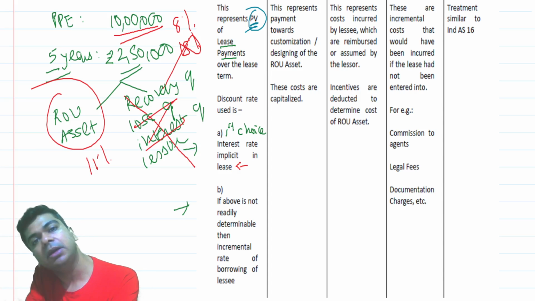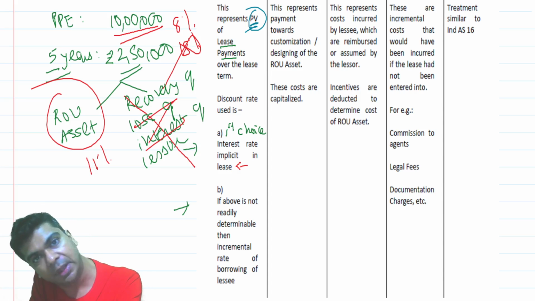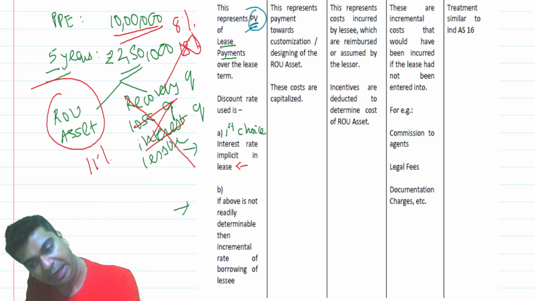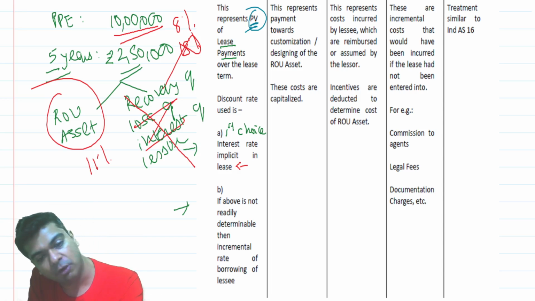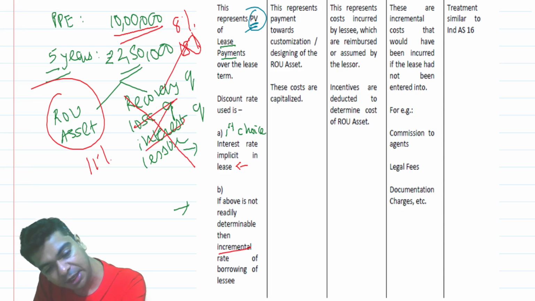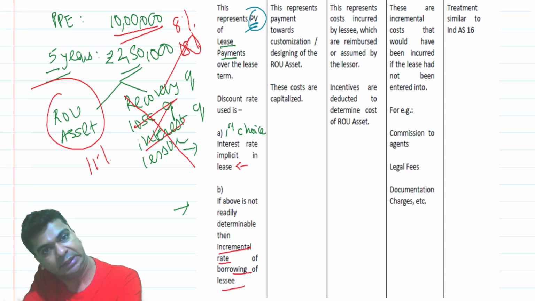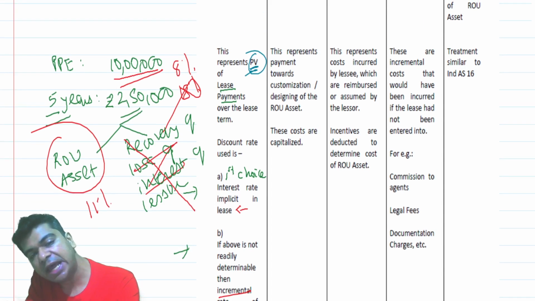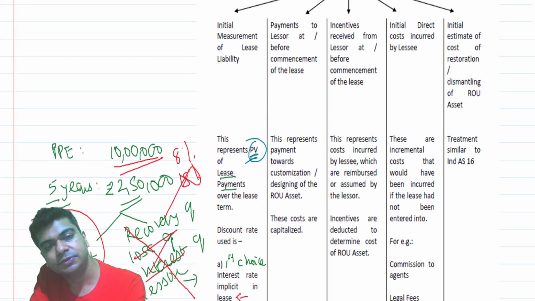And this incremental rate of borrowing will become our discount rate. So first choice is the rate at which the lessor is charging interest, which is nothing but the interest rate implicit in the lease. However, if not available, then we will go for the incremental rate of borrowing of the lessee, right? So that will be the first item that will be considered by us.